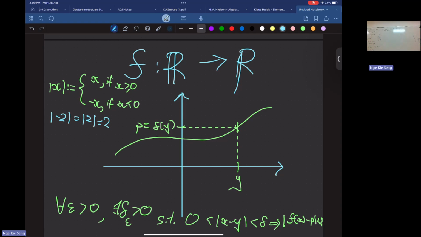So in this case, if you want to bound this, you need to bound this absolute value here. What does it mean? If your absolute value is less than some number, what does this mean? This means that f(x) minus p is bounded between epsilon and minus epsilon.